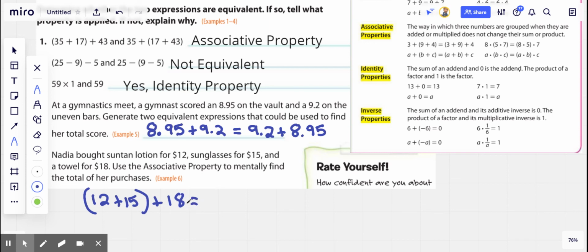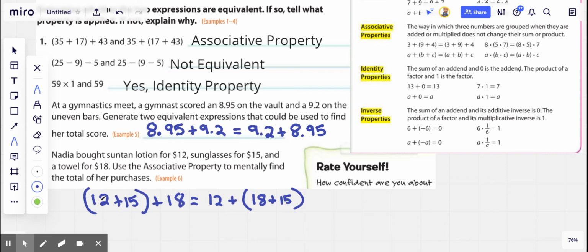That's going to equal 12 plus, and then in parentheses, we can do 18 plus 15. And those are equivalent.